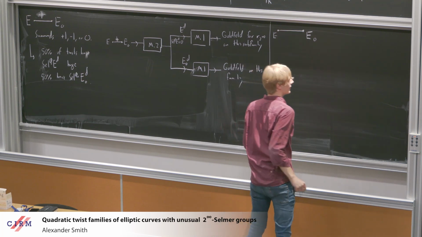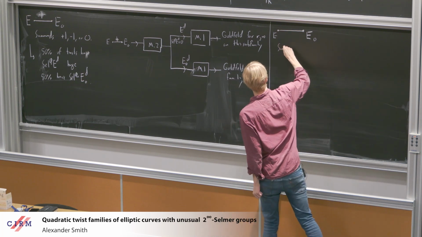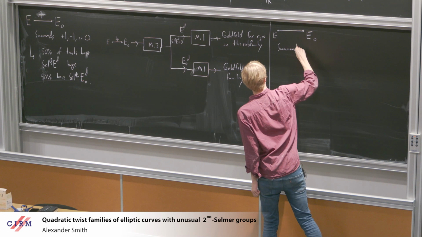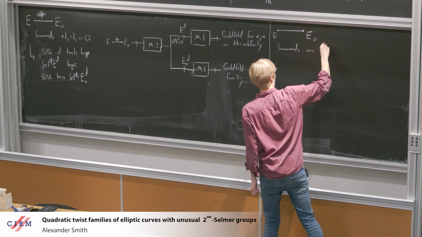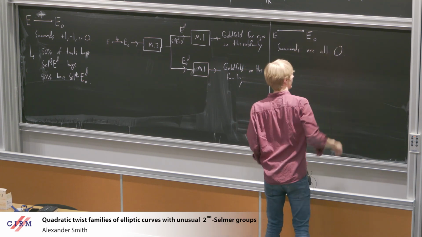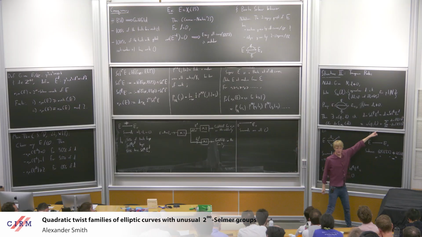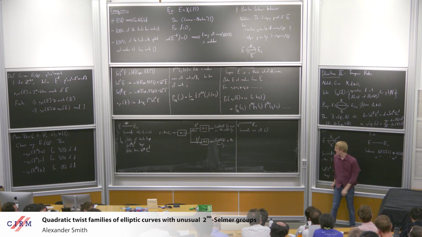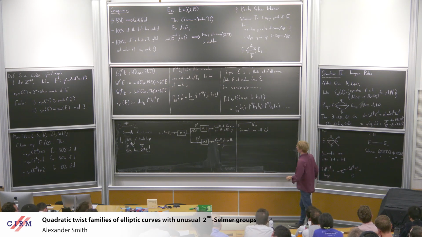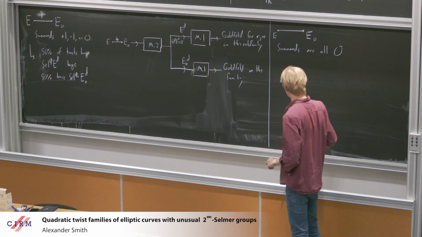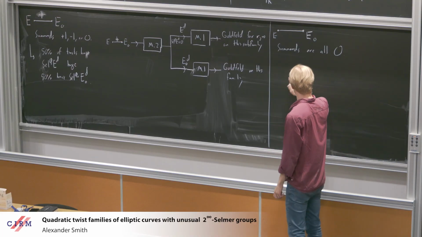In this case, the summands are actually always 0 in this expression. And so the relationship between the φ and φ' Selmer groups is expressed in just this term. And so now we're left asking, how does the φ Selmer group behave in this case?